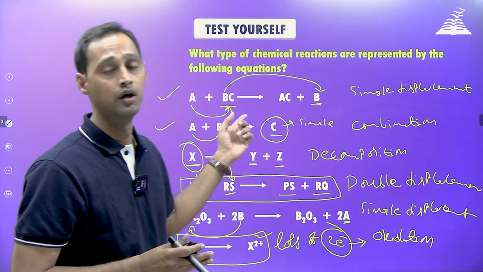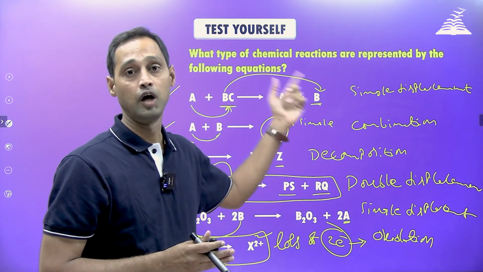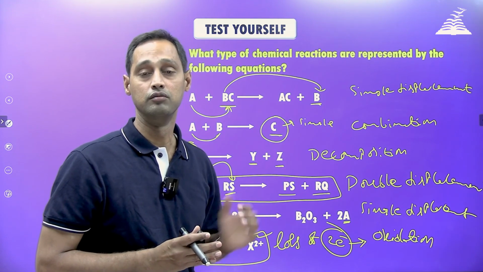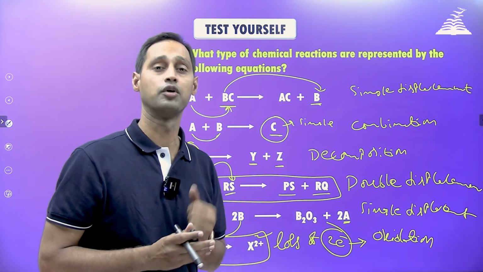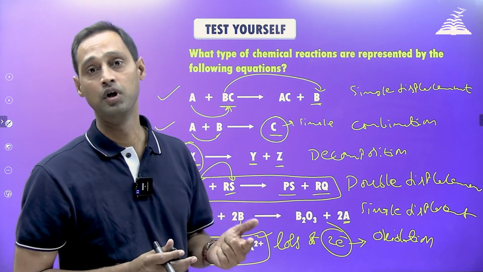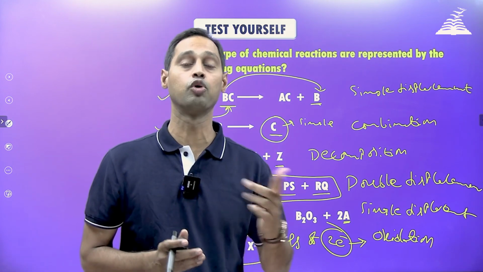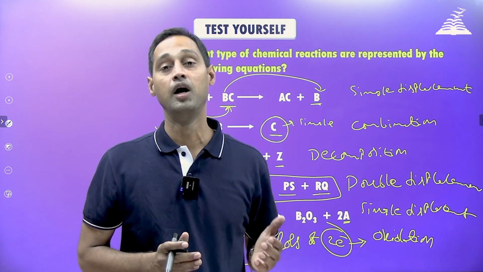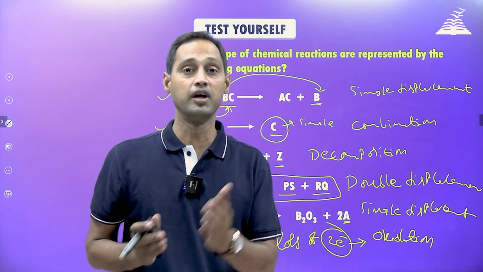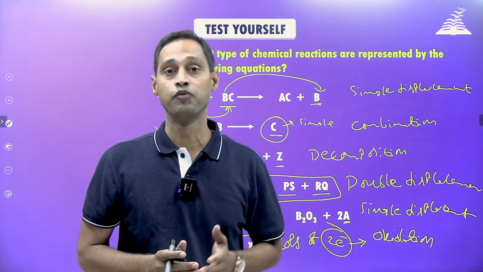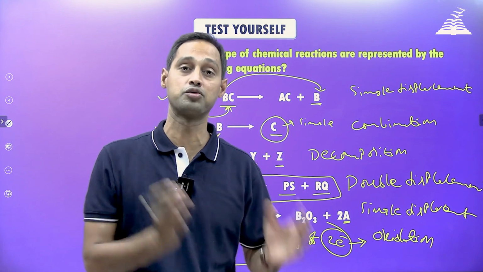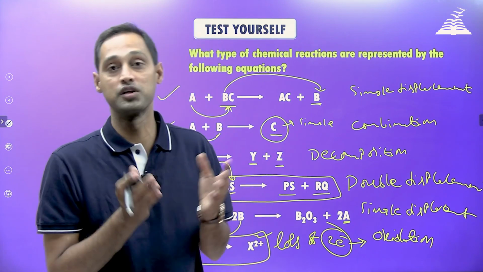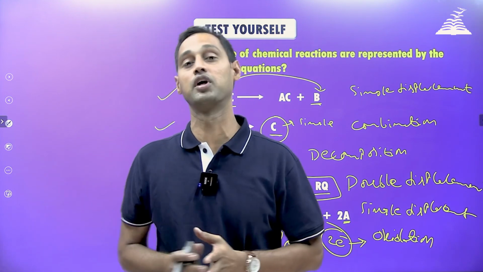Then we learnt types of chemical reactions: combination reactions, decomposition, in fact various types of decomposition, thermal, electrolytic and photochemical decomposition. Then displacement, single and double displacement, and oxidation and reduction reactions, redox reactions, where we learned what is oxidation, what is reduction, and what are oxidizing and reducing agents.